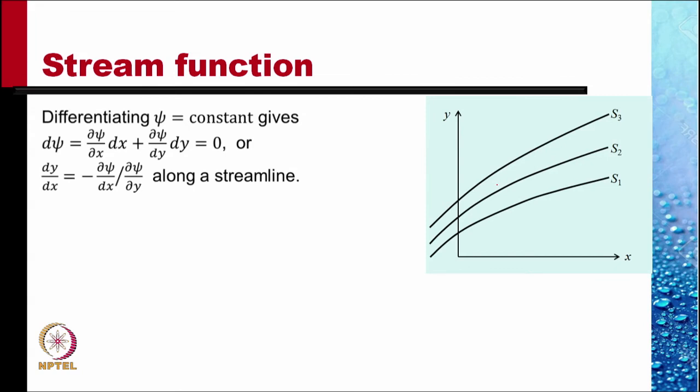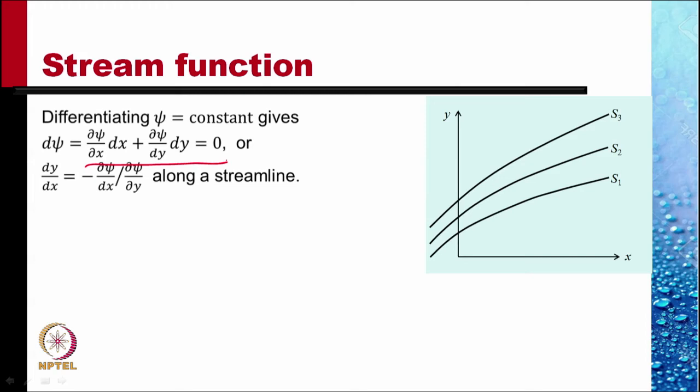We can obtain these equations by formal mathematics also. Differentiating ψ equal to constant gives you dψ equal to ∂ψ/∂x dx plus ∂ψ/∂y dy equal to 0, or dy/dx is equal to minus ∂ψ/∂x divided by ∂ψ/∂y, from this equation along a streamline, because ψ is constant.